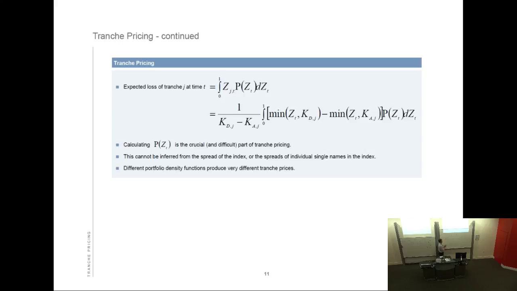So we get the expected value of Z_T, but we don't know its distribution. So the challenge about tranche pricing is really to come up with a model for the distribution of the portfolio losses, from which we can then price the tranche losses with the help of this formula.